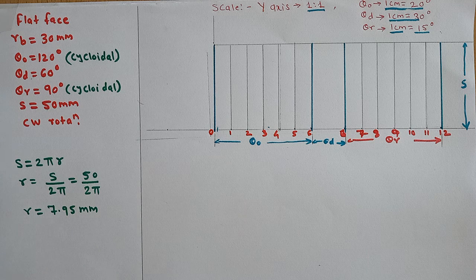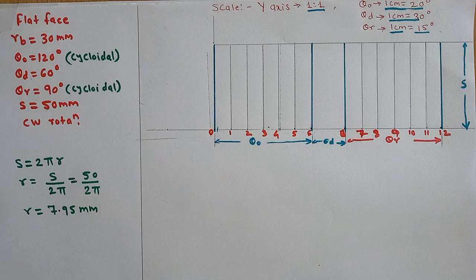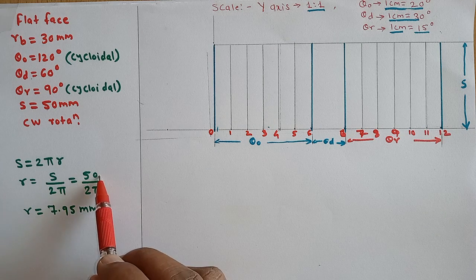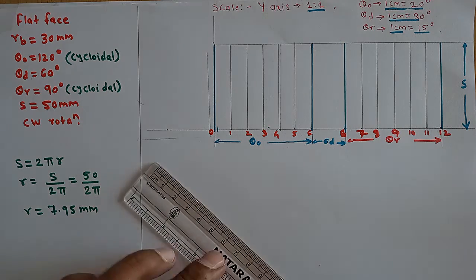Now since the follower moves with cycloidal motion during outstroke as well as during return stroke, the radius of the generating circle is given by stroke length divided by 2 pi. Stroke length is 50, divided by 2 pi. So radius of generating circle is 7.95. So we take distance equals to 7.95, approximately 8 millimeters.